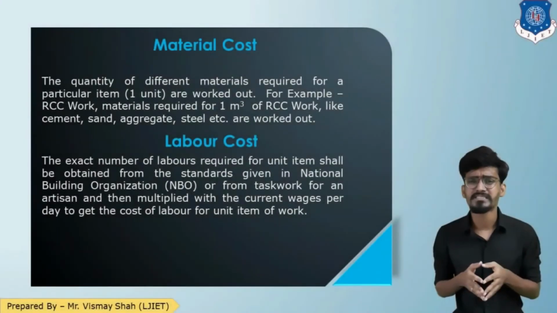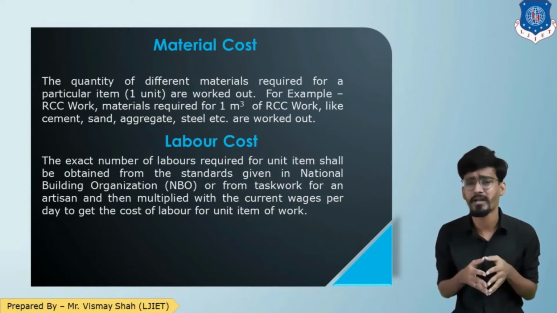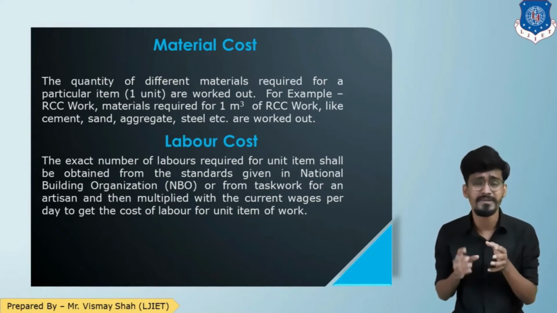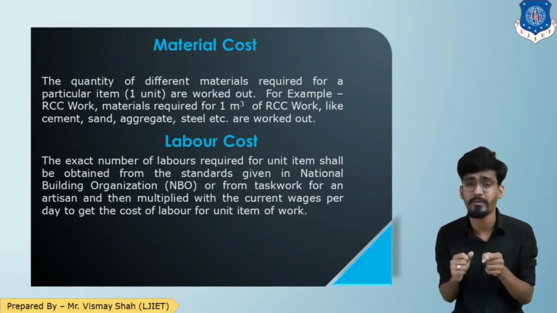In material cost, the quantities of materials which are required on per unit basis are worked out. For example, if you are talking about RCC, the materials required for 1 cubic meter of concrete, that means cement, sand, aggregate, steel, etc., are worked out on per unit basis. Now you know the quantities which are being used in 1 cubic meter of RCC, and you know the market rate of the materials.